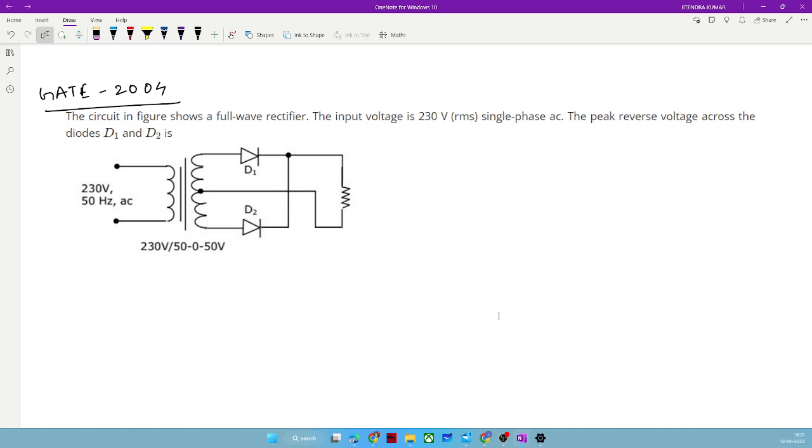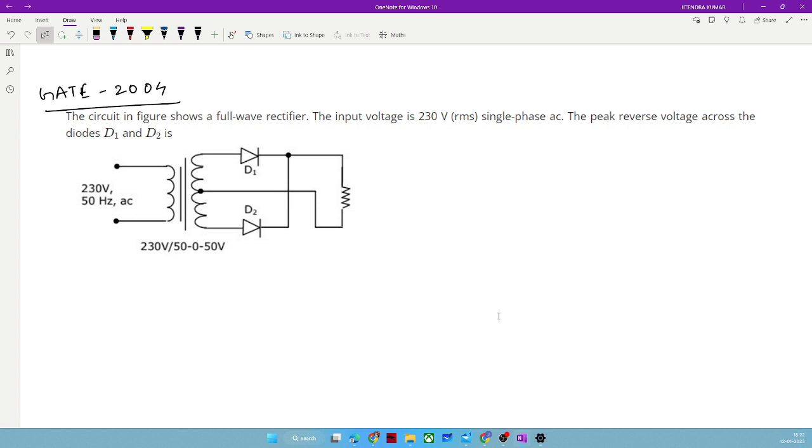Center tap rectifier. Yeah, perfect. That's great. So it is nothing but the center tap rectifier, and only one kind of problem has been framed based on this circuit, that is just to calculate the peak inverse voltage across the diodes. And its operation is not much different.